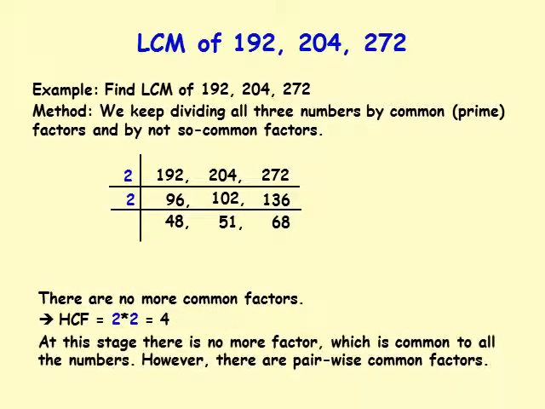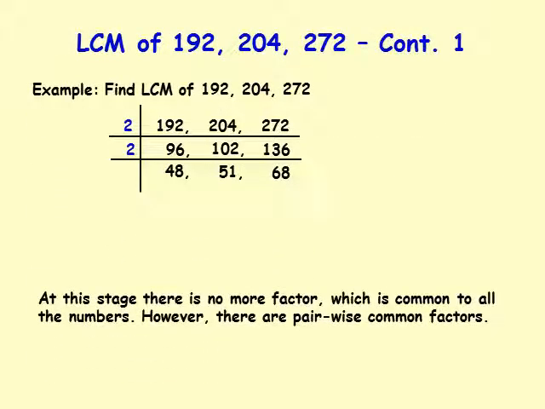At this stage there is no more common factor which is common to all the numbers. However, there are pairwise common factors.